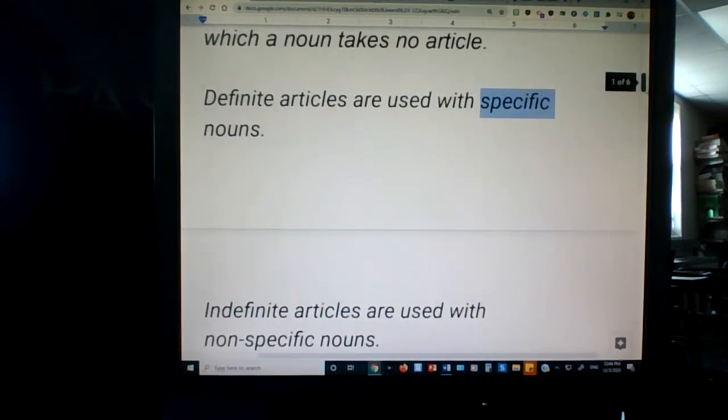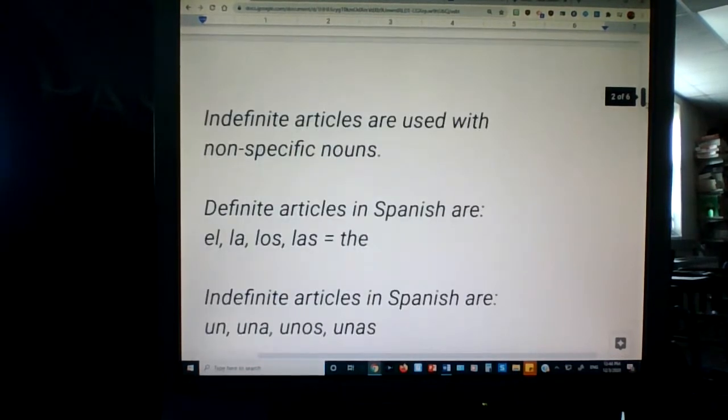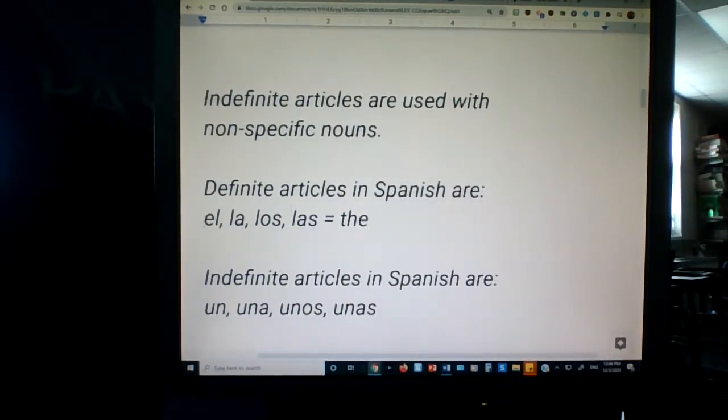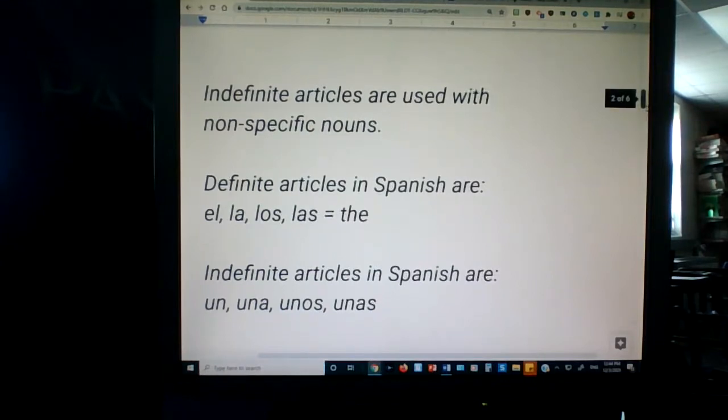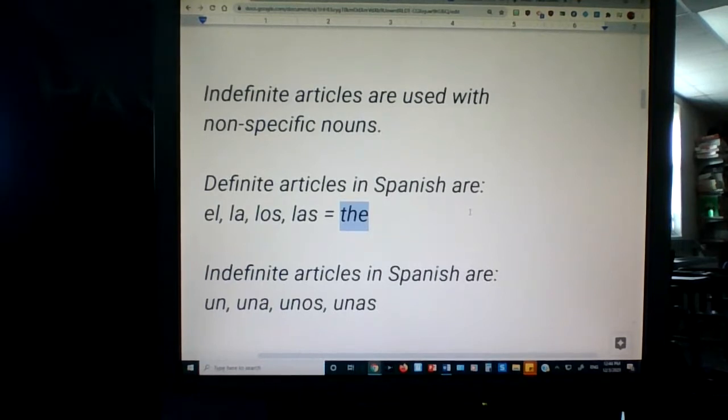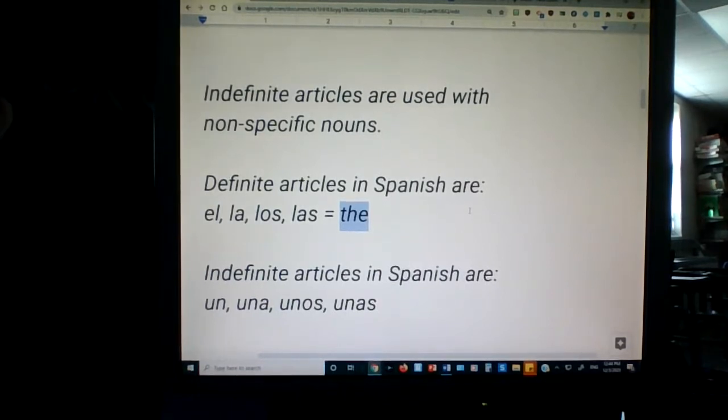So, specific, non-specific. In Spanish, there are 4 definite articles. Cuatro. Only 4. And they are the following: el, la, los, and las. And guess what? El, la, los, and las means the. Why do we have 4 in Spanish? Well, there's 4 things that we have to consider when we're talking about nouns in Spanish.